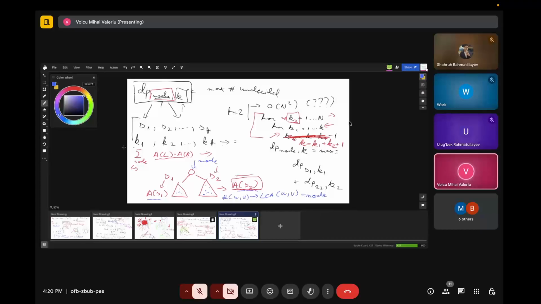So if we were to iterate over every node U, then V, and add a value to their LCA, the final value in this array F would be the area of the left subtree times the area of the right subtree.